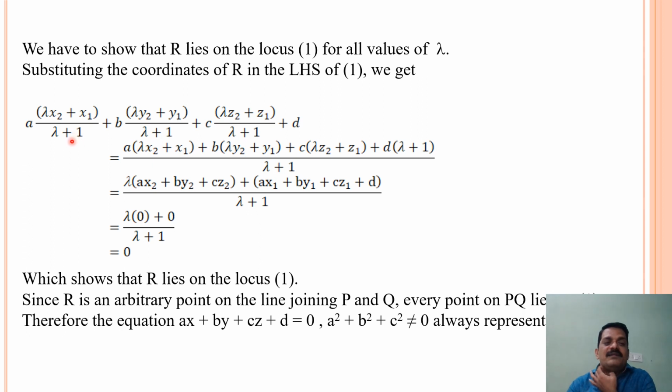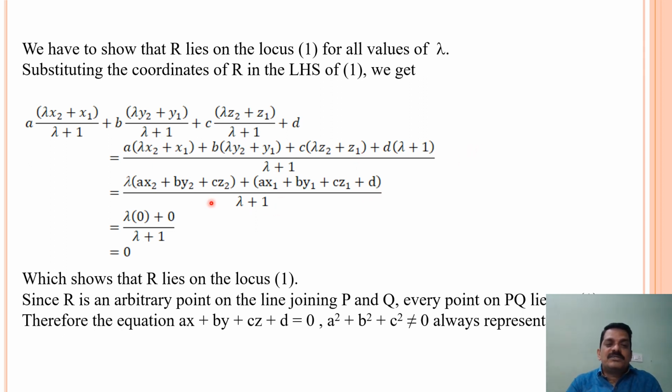So taking LCM lambda plus 1, that is equal to a into (lambda x2 plus x1) plus b into (lambda y2 plus y1) plus c into (lambda z2 plus z1) plus d into (lambda plus 1), that is equal to common lambda into (ax2 plus by2 plus cz2 plus d). Next remaining terms (ax1 plus by1 plus cz1 plus d) by lambda plus 1.